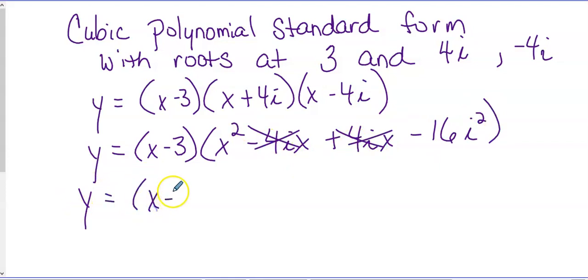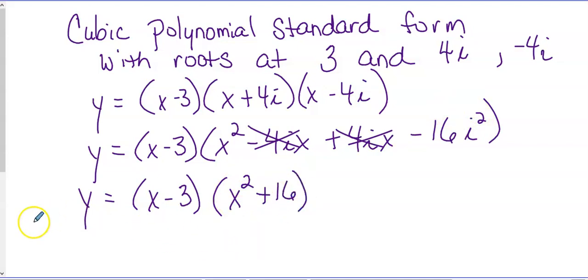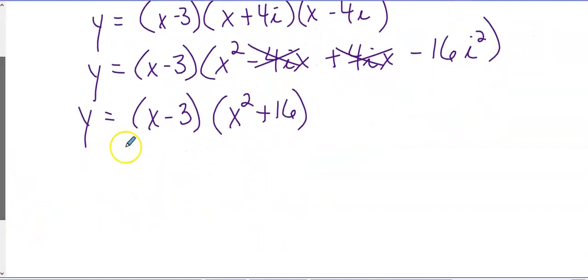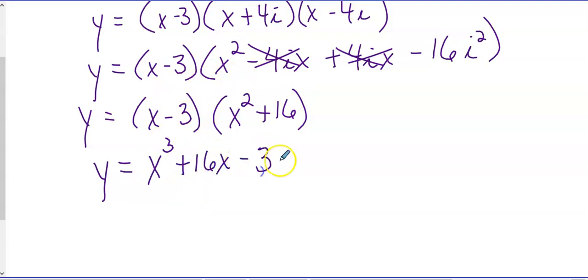I'm going to rewrite this part. This is x squared minus 16 times negative 1, which is x squared plus 16. And then just multiply these two binomials together. That's going to be x cubed plus 16x minus 3x squared.